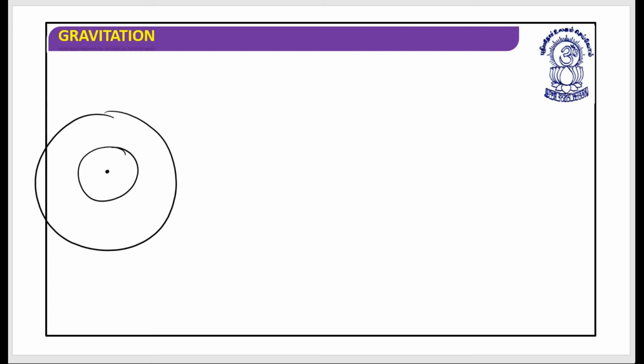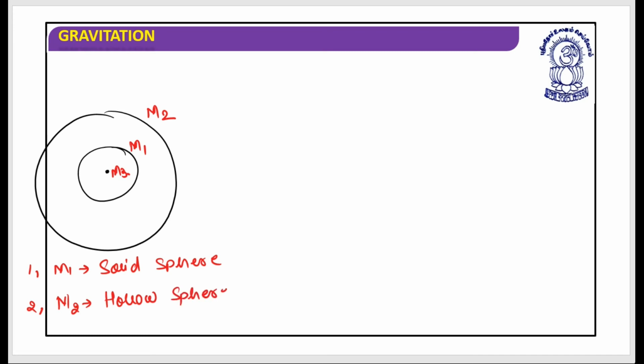Let's call the first object, having mass M1, a solid sphere; the second object, having mass M2, a hollow sphere; and the central body, having mass M3, a point mass.